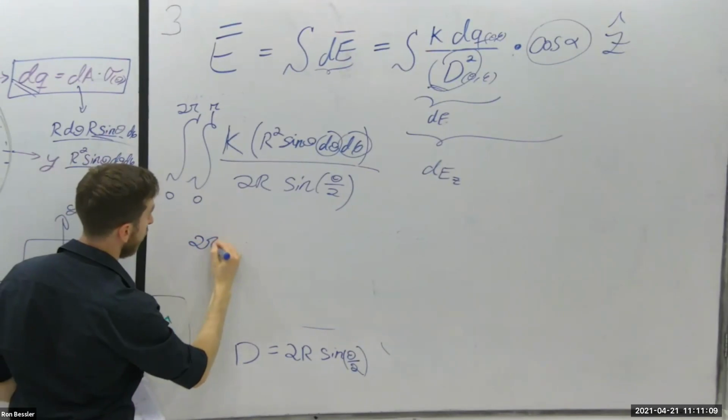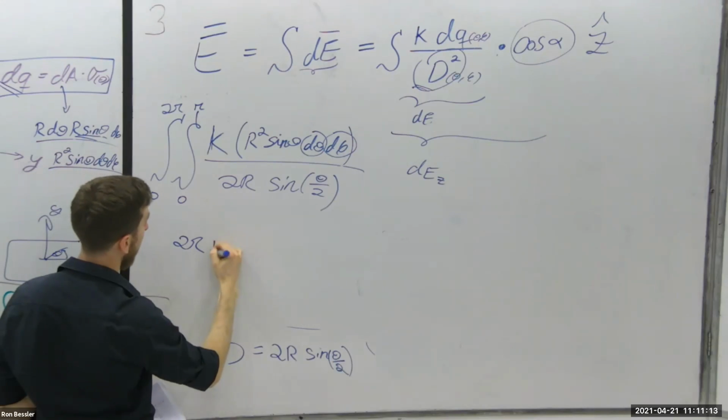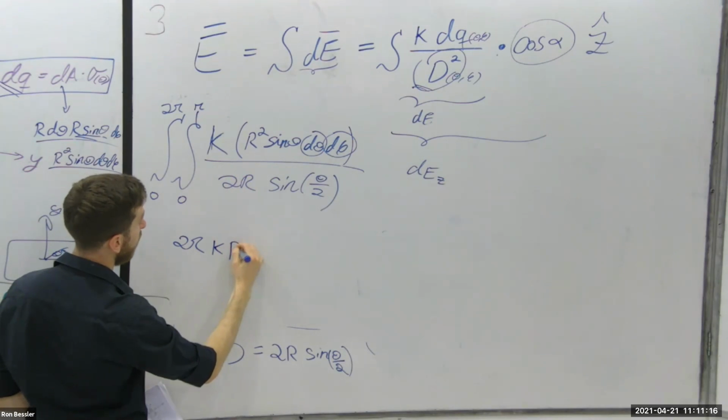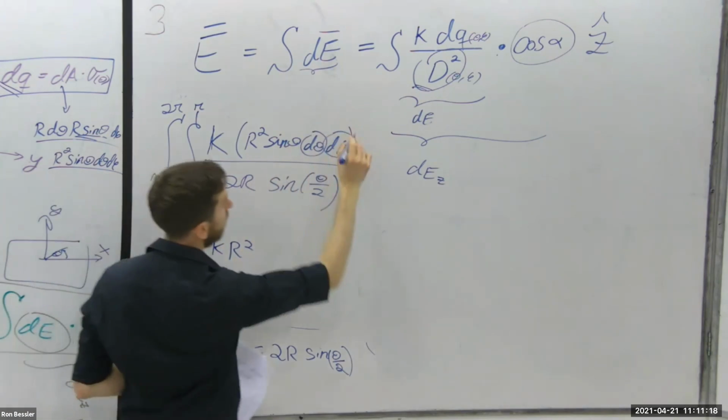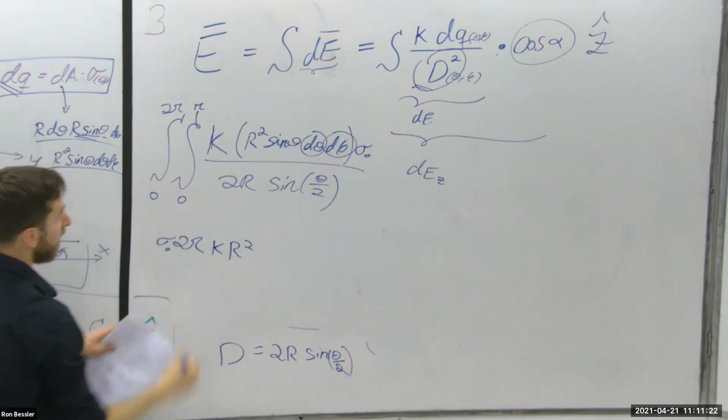So there's nothing here in phi, so we actually have this 2 pi outside, and we start with k outside, r squared outside, sigma 0. Nobody told me about it, but we are missing sigma 0 outside.